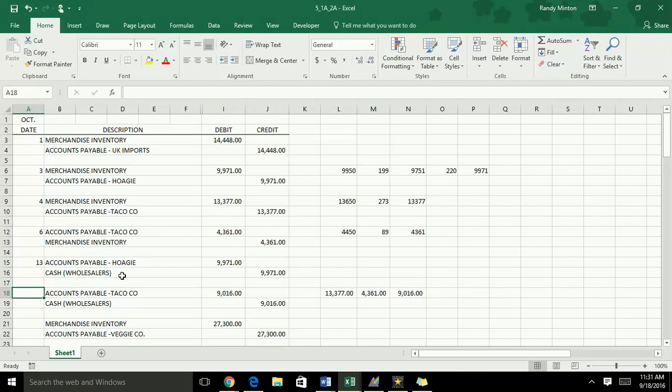All right. Now on the 14th, we paid Taco for invoice of October 4th less the debit memo. So let's go over here to the calculation that I made. We started out with a merchandise inventory of $13,377. We then discounted a return by 2% and took it out of merchandise inventory.